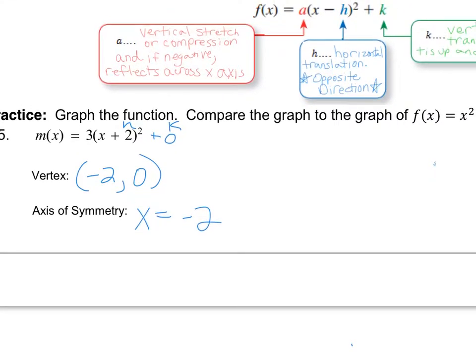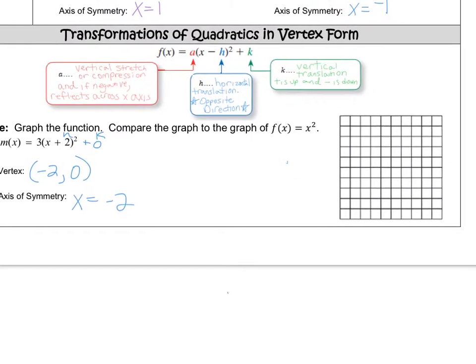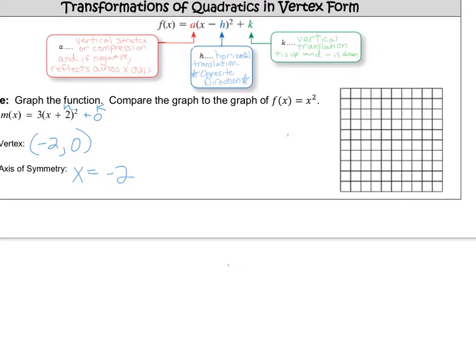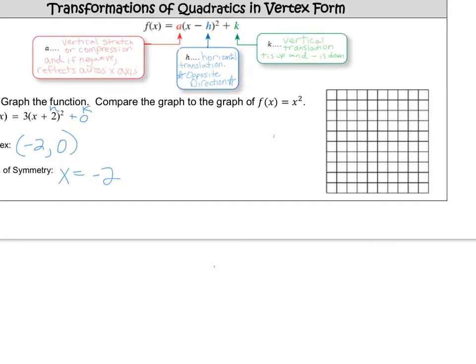So I'm going to graph my vertex at negative 2, comma 0, and I'm going to graph my axis of symmetry. First thing I need to do is draw my X and Y axis so I can see them. Okay, so I'm going to put my X and Y axis right here. Give me some space.